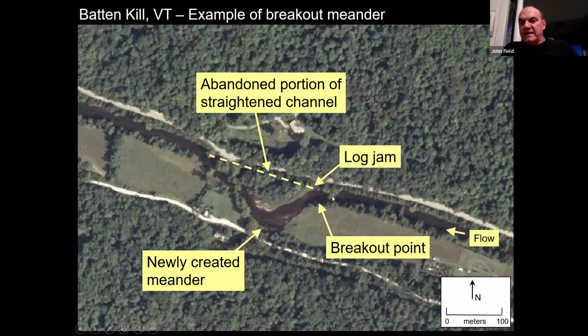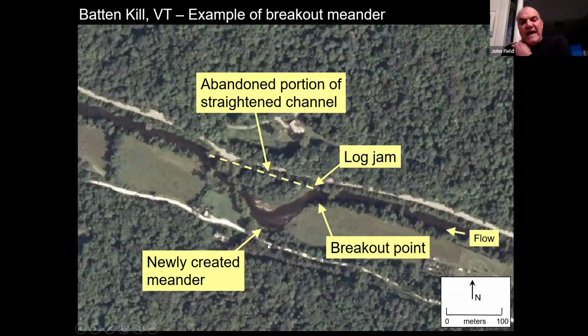These are energetic rivers because they're straightened, and it basically carved a new meander overnight during a single flood. The river migrated 300 feet overnight, started lapping up against the front lawn of this house, potentially threatening the road here. So this is a hazardous condition.